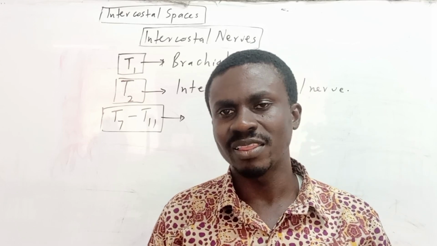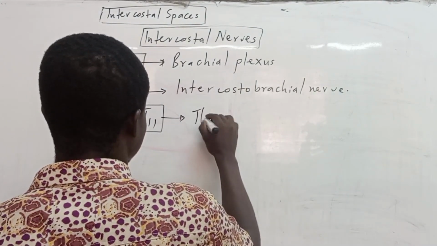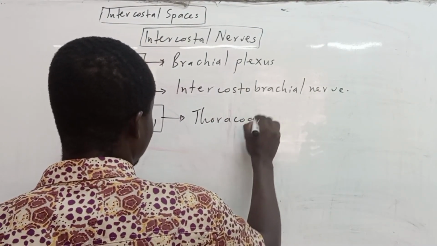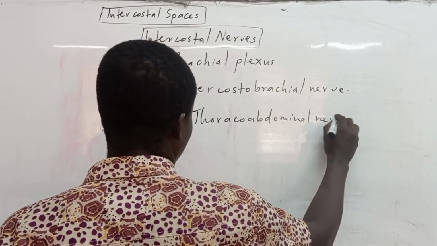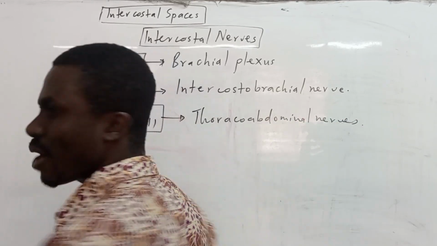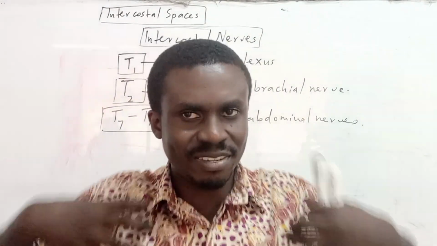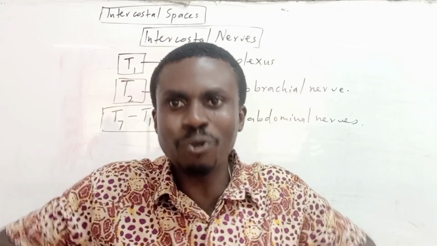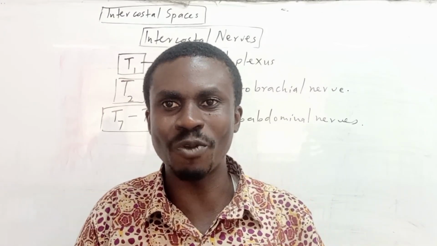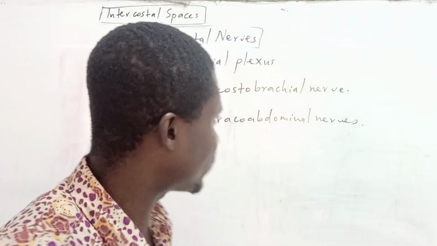That is why we call these ones thoraco-abdominal nerves. Thoraco, in that they supply the intercostal space in the thoracic region, but they don't end there. They go on to the wall of the abdomen. So these also become atypical intercostal nerves.